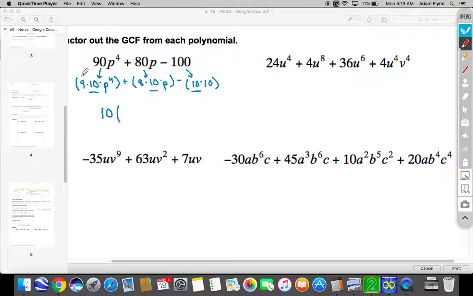So if I go back up here, I know once I take out my 10, I'm left with a 9 and I'm left with a p to the fourth. Plus, for this term, I'm left with an 8, and I'm left with a p.